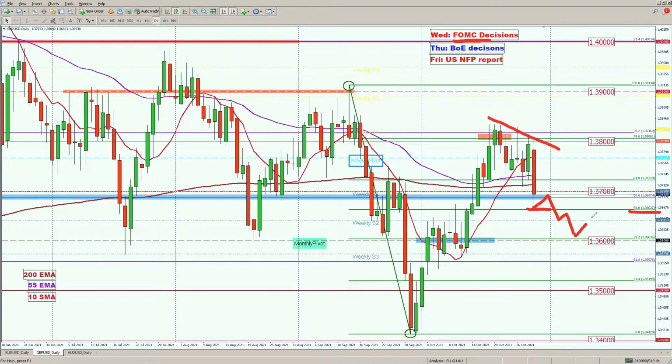There should be support right at 136, and that's the 35th retracement of this move back up. So it could find value at the lower support areas before striking back up.